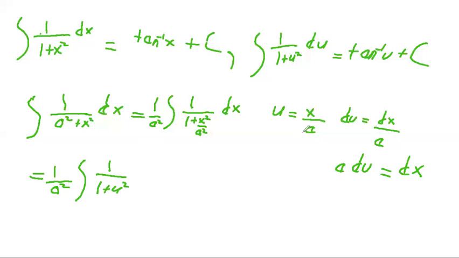Again, u is equal to x over a, so if you square u, you get x squared over a squared. That's why they call this a u substitution, folks. It's because you're just substituting a variable u and then rewriting the integrand in a form that's more integrable.